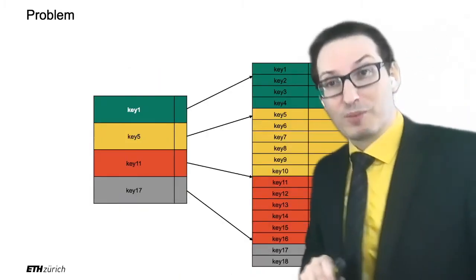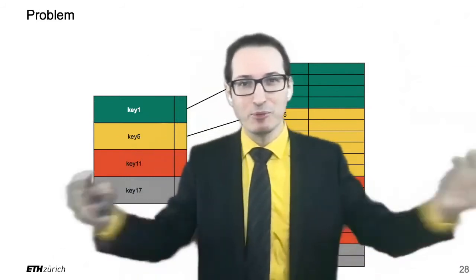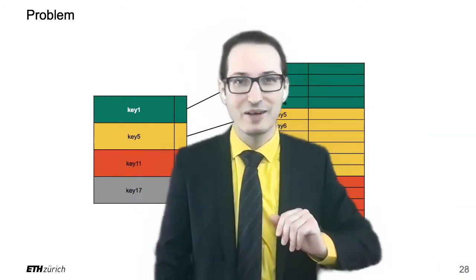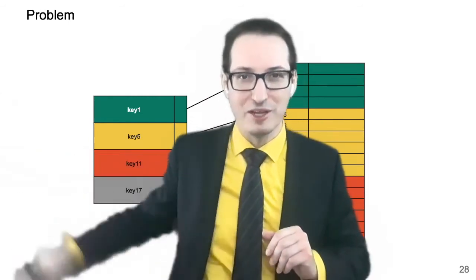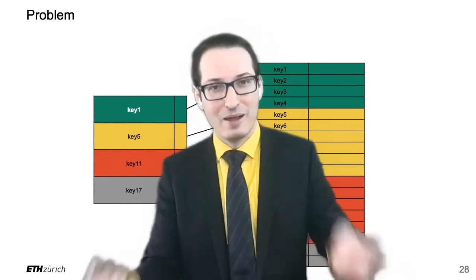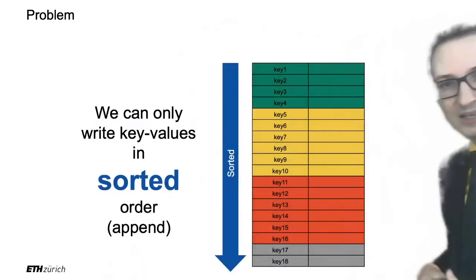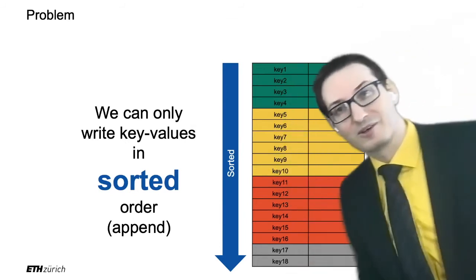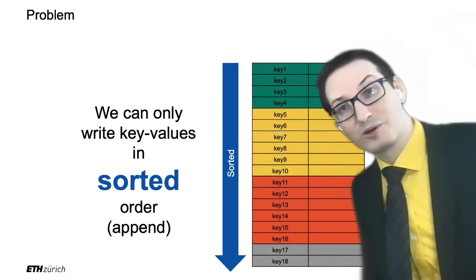Now, here's the problem. People are going to keep modifying my table, right? Alice is going to add a tuple here, and Bob is going to modify a value there, and so on, right? But they are modifying at random. The problem that I have is that when they modify something at random, we need to modify a sorted collection of key values because this is all sorted here.